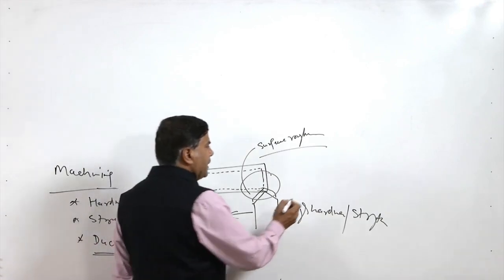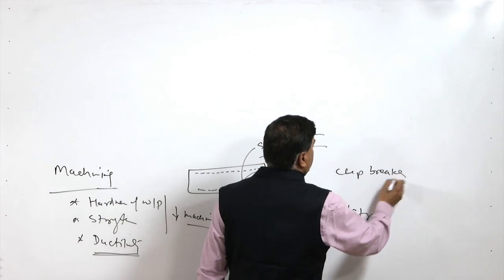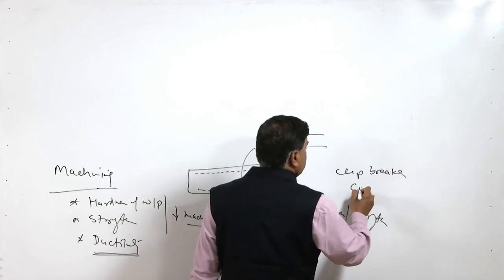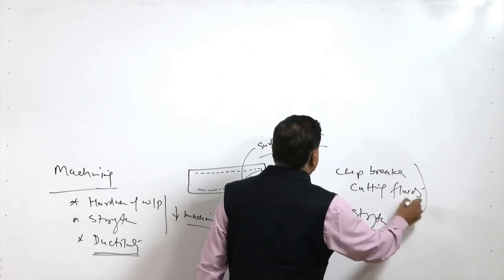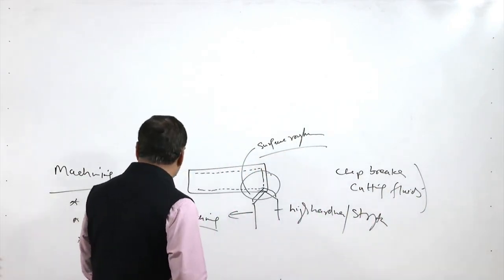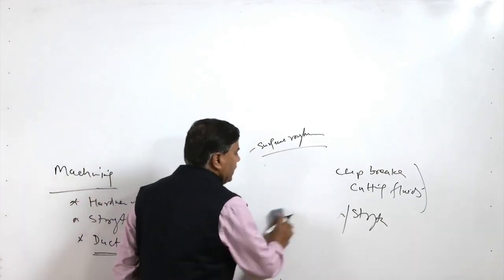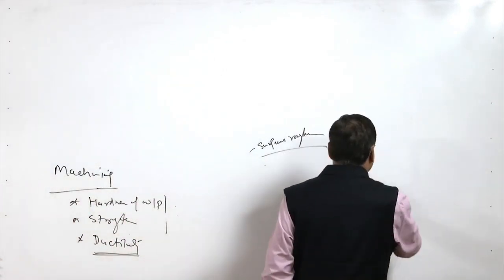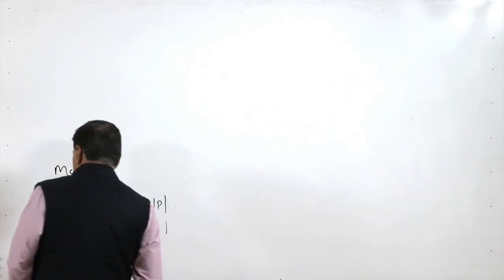Although there are methods like chip breakers, or the coolant or cutting fluid helping to clear the chips formed from the machining zone, ductility certainly affects the ease of machining in the way chips are cleared from the machining zone.